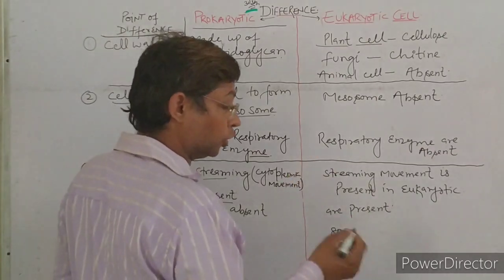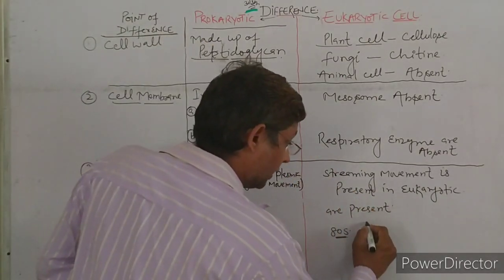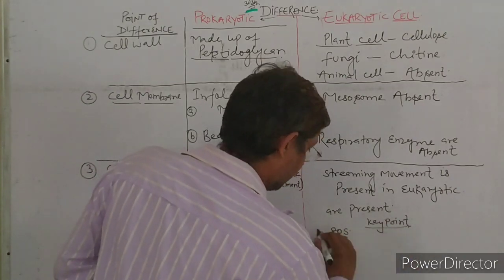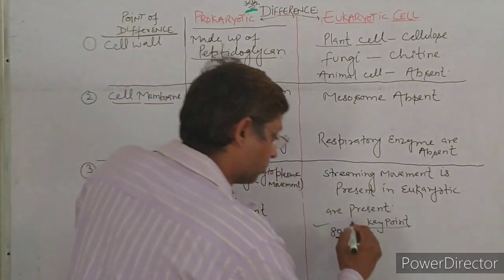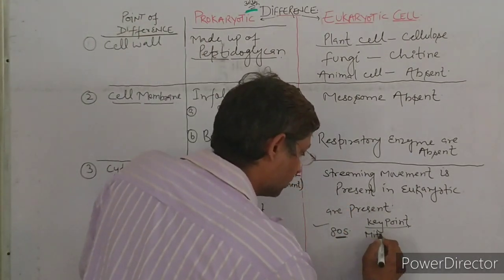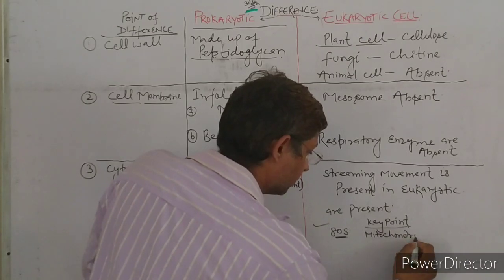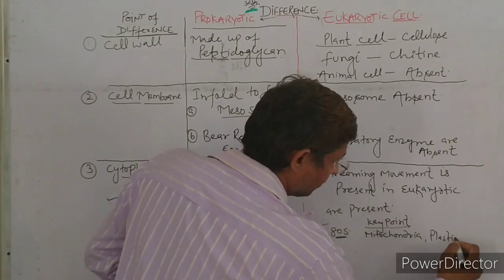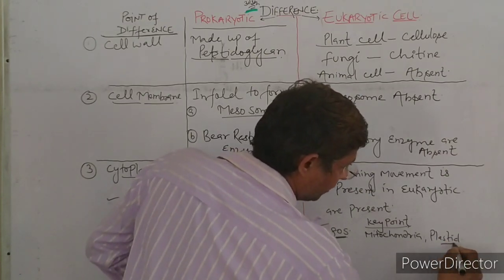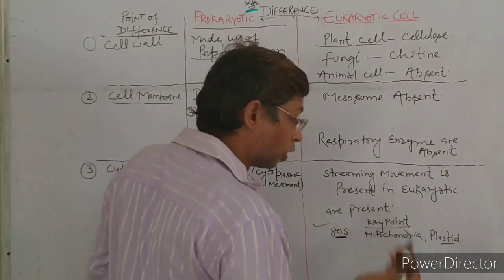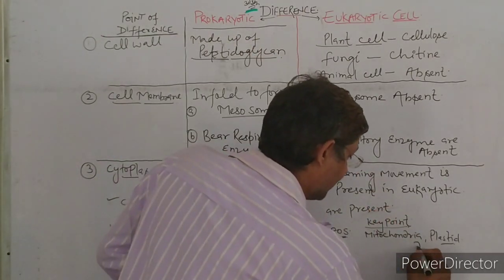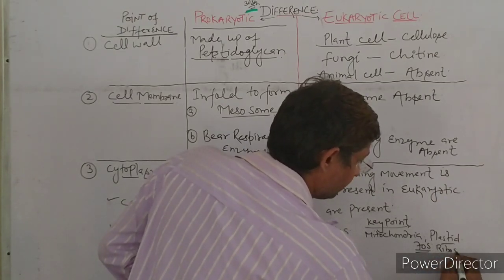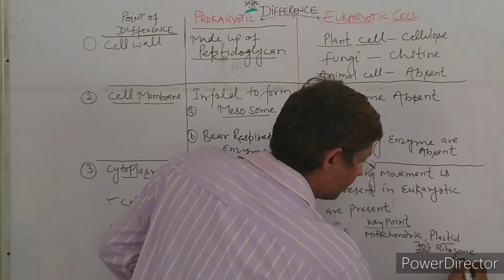While in eukaryotes, we put a key point: in mitochondria as well as in plastids, that is chloroplast, chromoplast, 70S ribosomes are present.